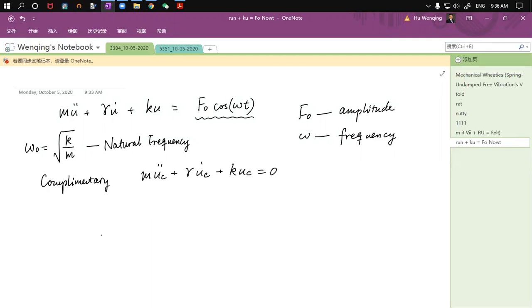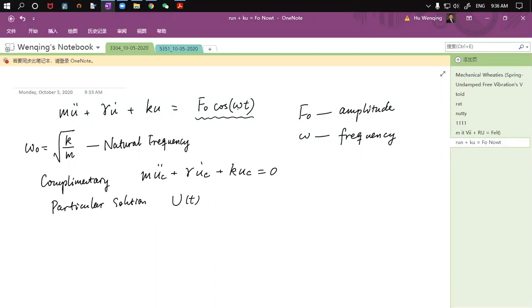As long as you have the complementary equation, it gives you the complementary solution. But then you also need to find a particular solution, say u of t, that satisfies this equation.